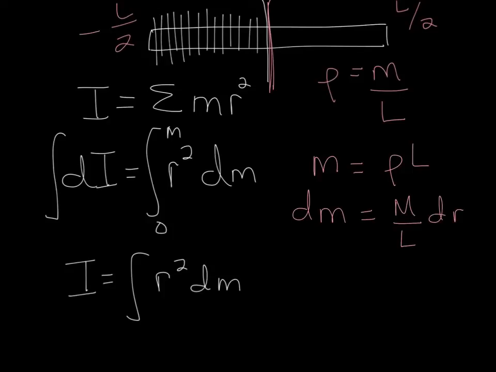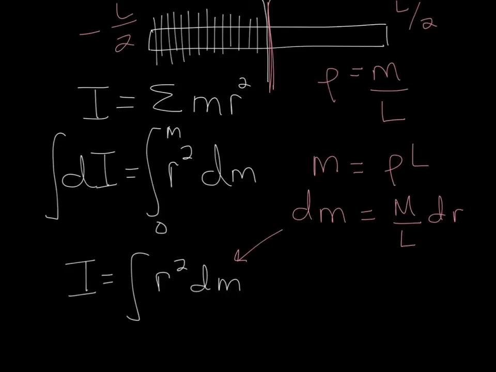What I've just written here is the value of a very small piece of mass. It's the density times a very small piece of distance. We're going to use this to change the variable of integration from m to r, as you can see.